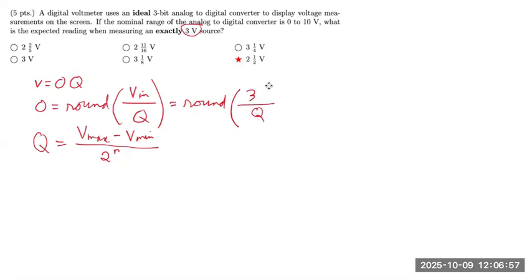Again, Q is the quantization interval, calculated from Vmax minus Vmin over 2 to the power of n, where n is the number of bits.